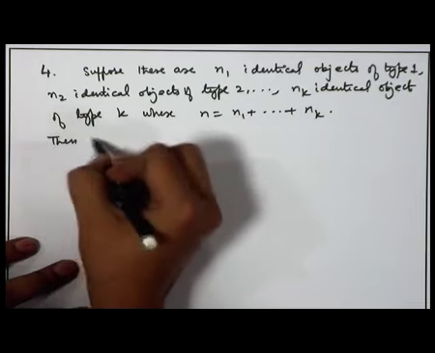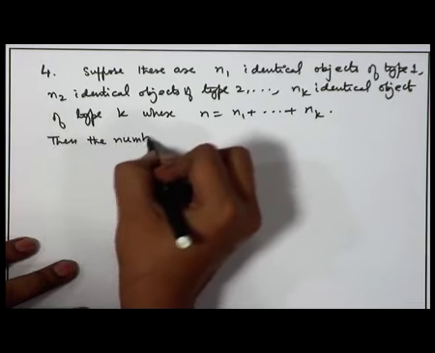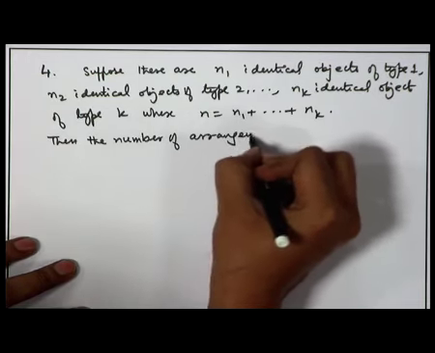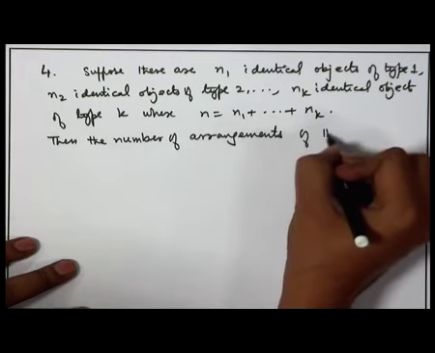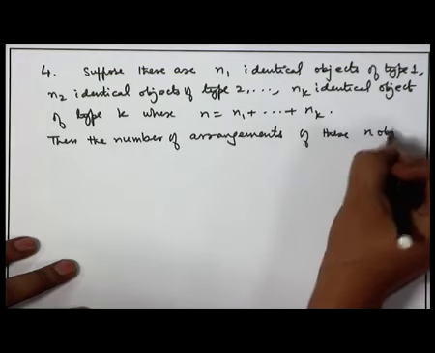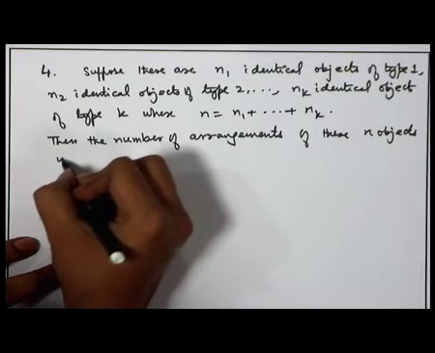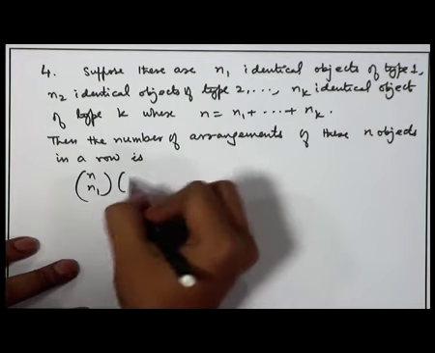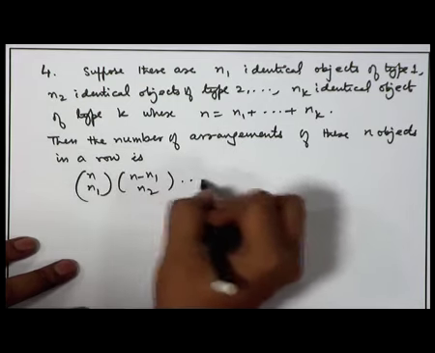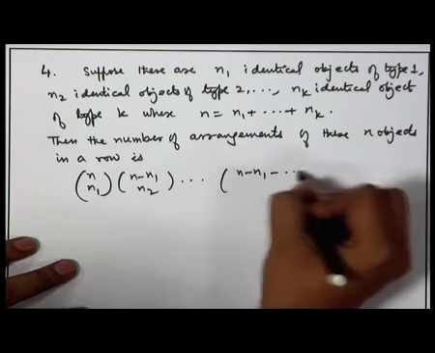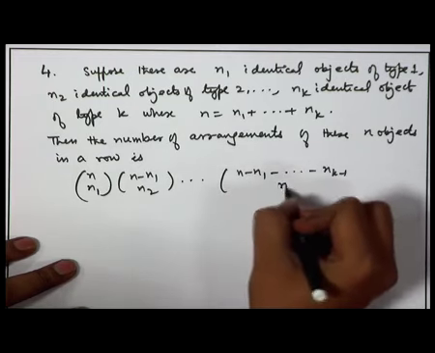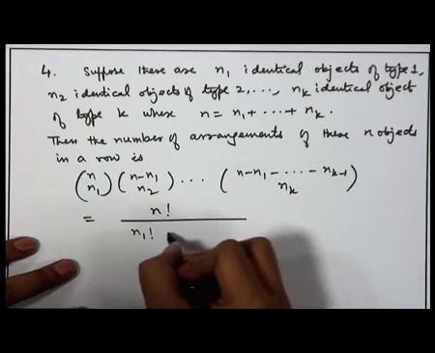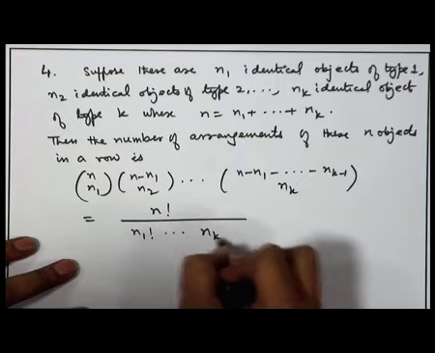Then the number of arrangements of these n objects in a row is nCn1, n minus n1 C n2 and so on, n minus n1 minus up to n(k-1) C nk, which is the same as n factorial divided by n1 factorial, n2 factorial, up to nk factorial.